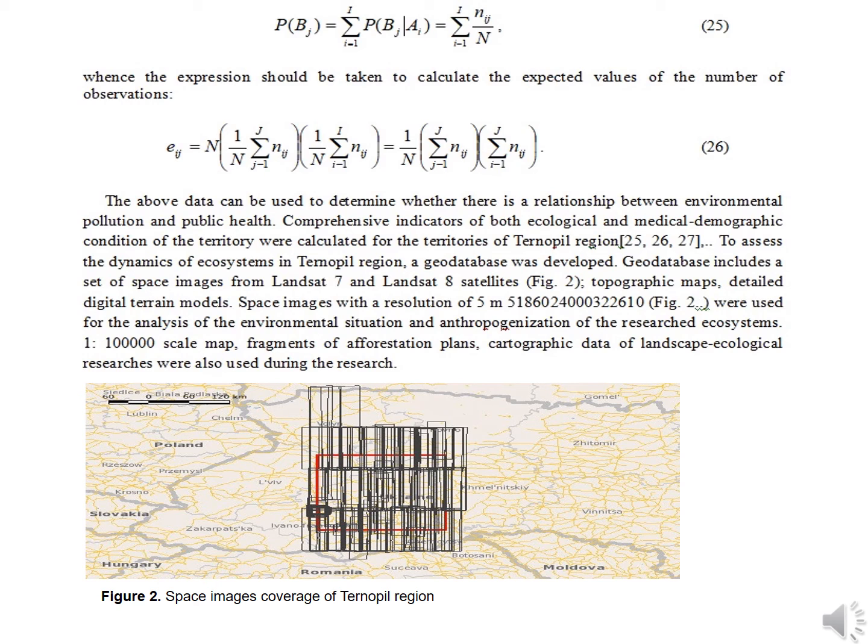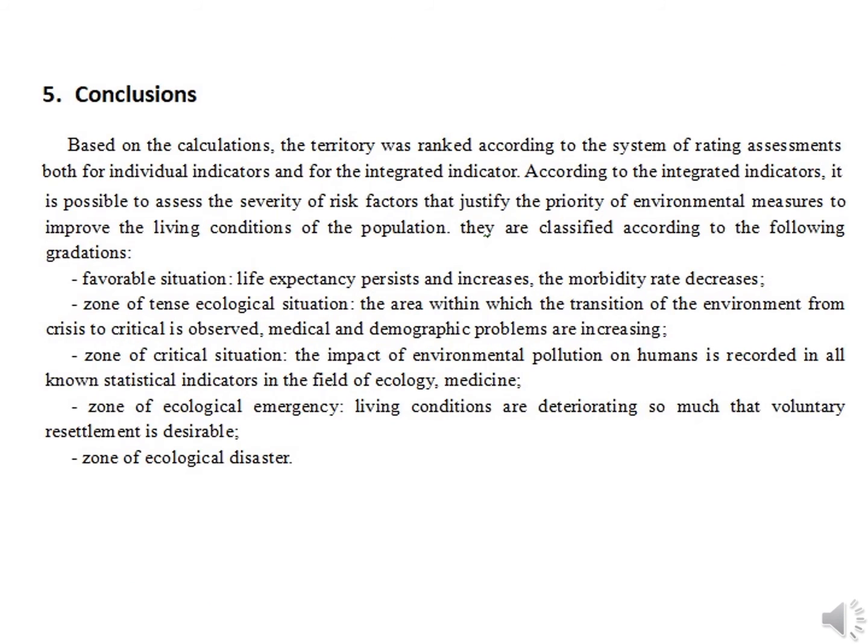Space images with a resolution of 5 meters were used for the analysis of the environmental situation and anthropogenization of the researched ecosystems. A 1000 scale map, fragments of afforestation plans, and cartographic data of landscape ecological researches were also used during this research. Now we will present some conclusions.